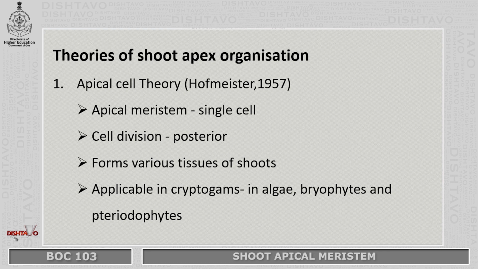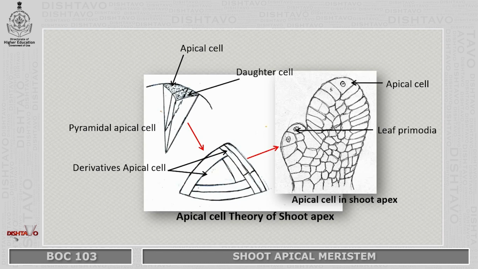This theory was given by Hofmeister in the year 1957. According to this theory, the apical meristem is made up of a single apical cell. This apical cell undergoes posterior division and forms various tissues of the shoot. This theory is applicable only in cryptogams like algae, bryophytes and pteridophytes.